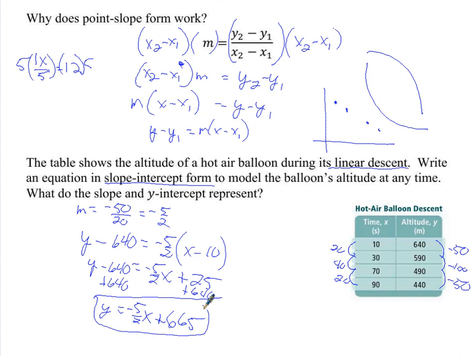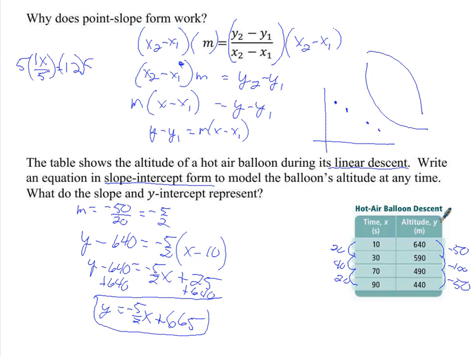Let's talk about the y-intercept first. What is that? Y represents what? The altitude. So when we are at our y-intercept, the x-coordinate is 0. What does x represent? Time. So when time is 0, the altitude is 665 feet.